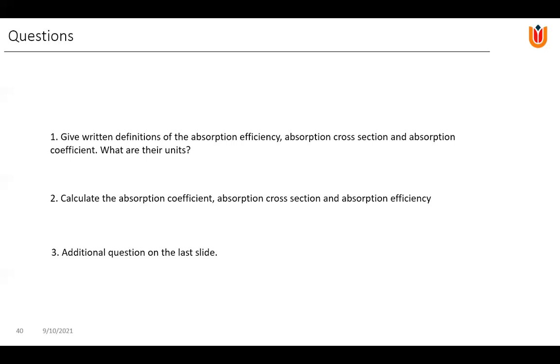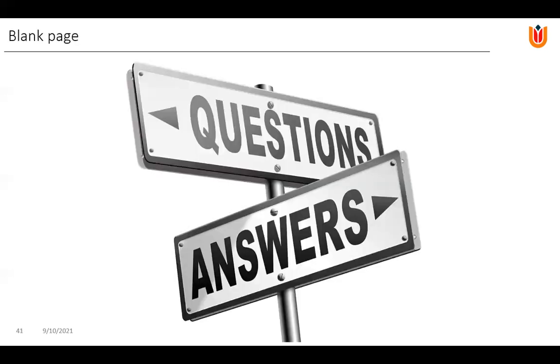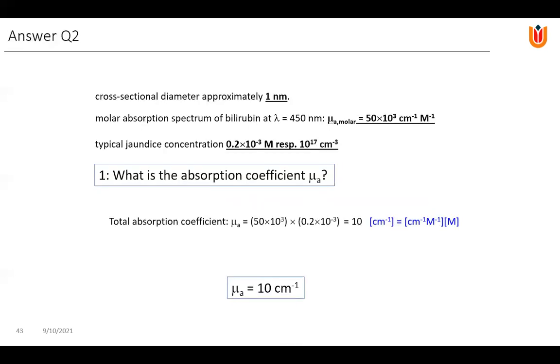I don't know the other ones by heart, so I'm going to skip through here. So what you needed to combine here was the molar absorption coefficient that was given, so the absorption coefficient per centimeter per molar, and then the typical jaundice concentration. Combining these two together, we end up at 10 per centimeter.